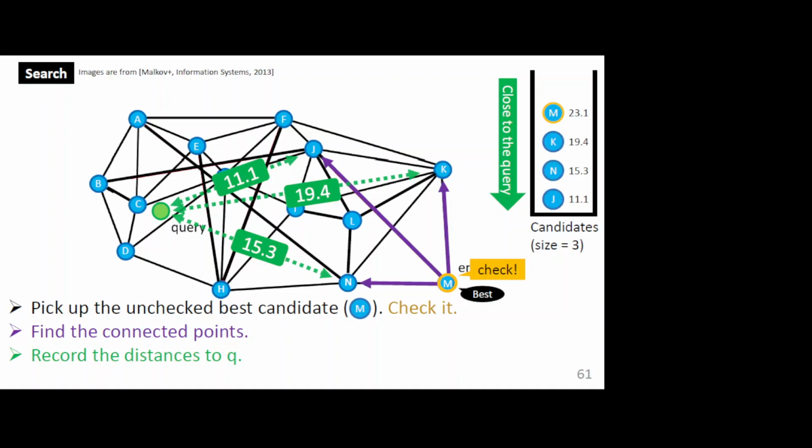We put all of them in our bucket, and the bucket is automatically sorted from smallest to largest. Because we only keep at most 3 candidates, 1 has to be removed. So the last one, N, will be removed, and we only keep J and K in our bucket. Okay, any problem?